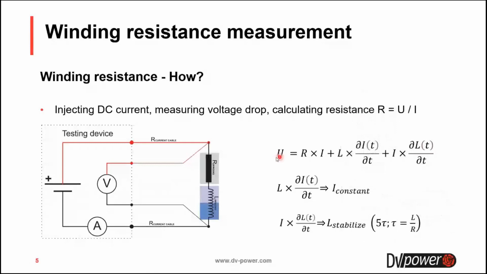But in this equation, we see that we need to measure R and I, but the problem is how we eliminate the second and the third part of this equation. The second part of the equation we will eliminate with constant current. When current is stable, this part will be 0.